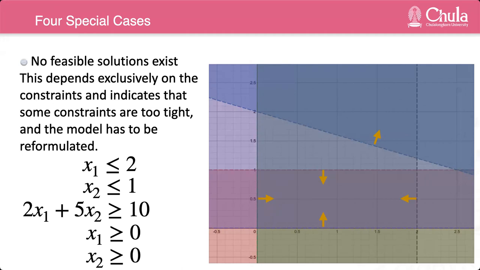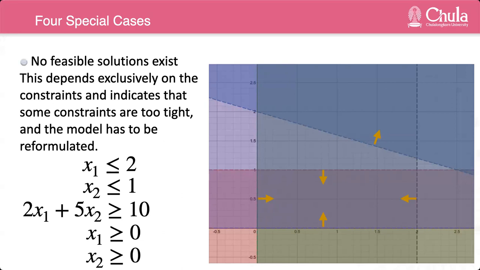Imagine that our constraints are x1 less than or equal to something, x2 less than or equal to 1, 2x1 plus 5x2 is greater than or equal to 10, x1 is non-negative, and x2 is non-negative.